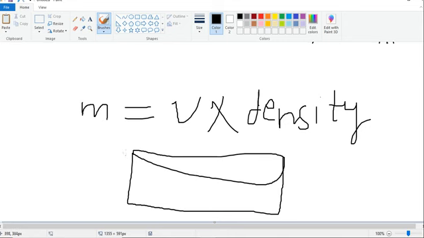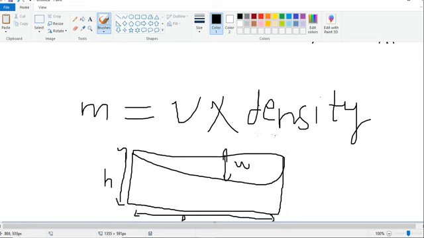Length, height, length, and width. So it will be the volume of this, if we consider reservoir, it will be the volume of reservoir.